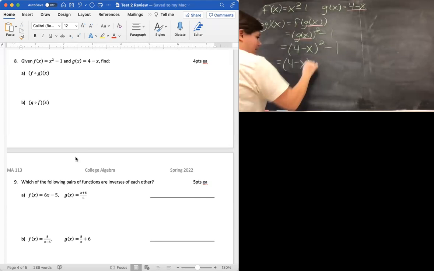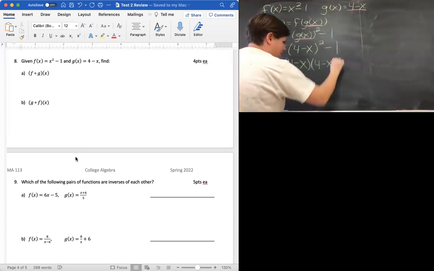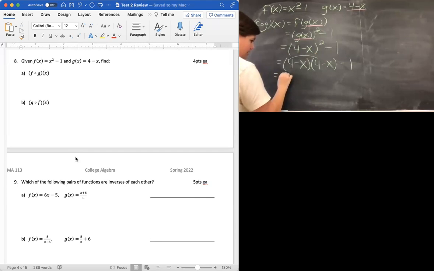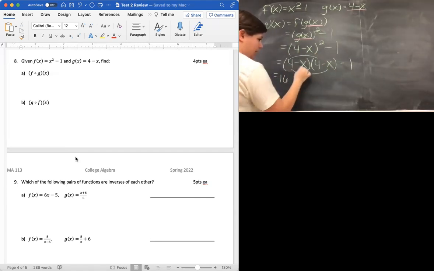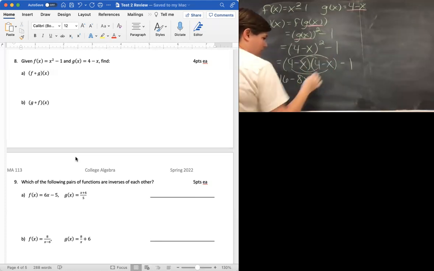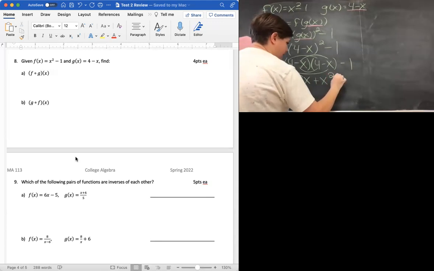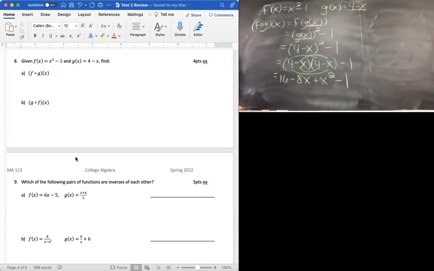That's 4 minus x times 4 minus x, minus 1. I'm going to FOIL. 16 minus 4x minus 4x is a minus 8x. Negative x times the negative x will give me a positive x squared. I still have that minus 1 out there.